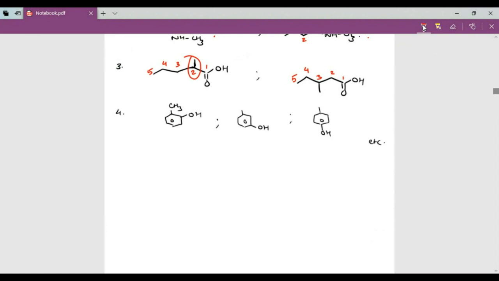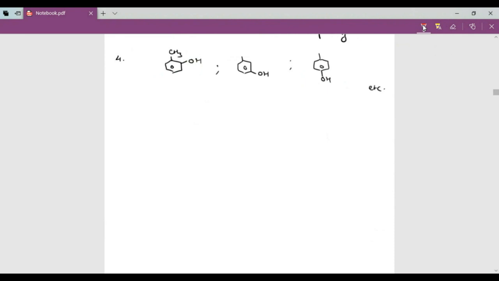Okay, moving ahead, similarly, if you see this set, if you go by common nomenclature, we will call it orthoxylenol, metaxylenol, and paraxylenol. Or you can call it simply 2-methylphenol, 3-methylphenol, 4-methylphenol.